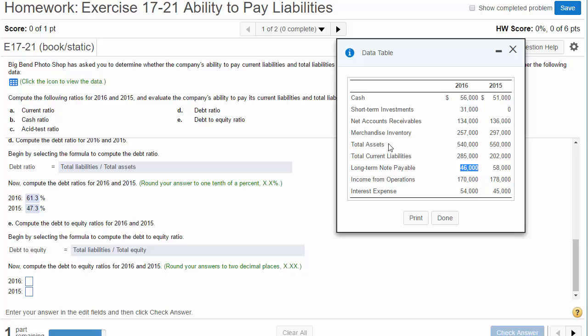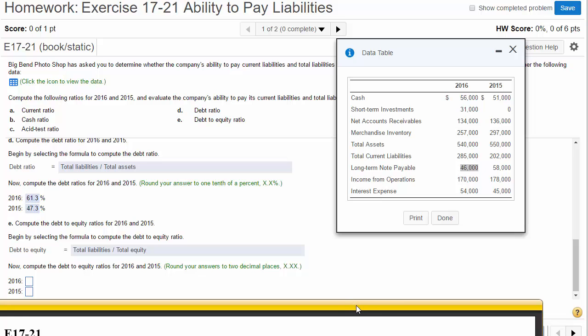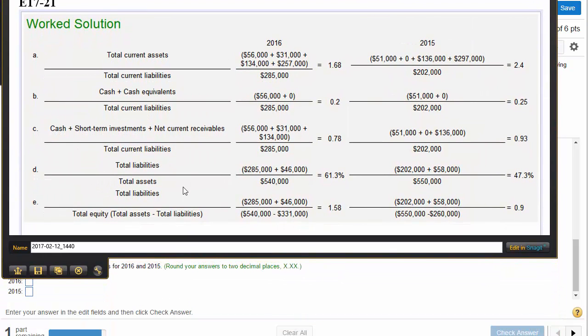So can we use the accounting equation to figure out our total equity? Remember, the accounting equation is assets $540,000 equals liabilities, $285 plus 46 plus equity. So another way to calculate equity is total assets minus total liabilities.